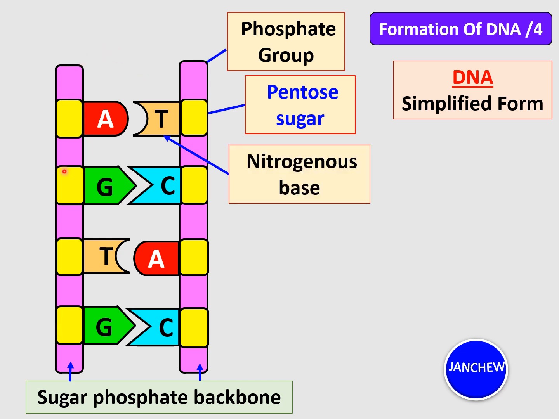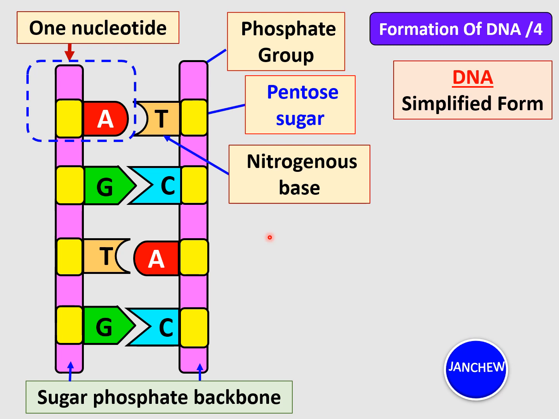So these are two polynucleotide chains, okay, with the sugar phosphate backbone, and the bases form the hydrogen bonds between each other in the center. Then sometimes you will be asked to just circle one basic unit called the nucleotide. Okay, so you can circle like this and label this as one nucleotide.